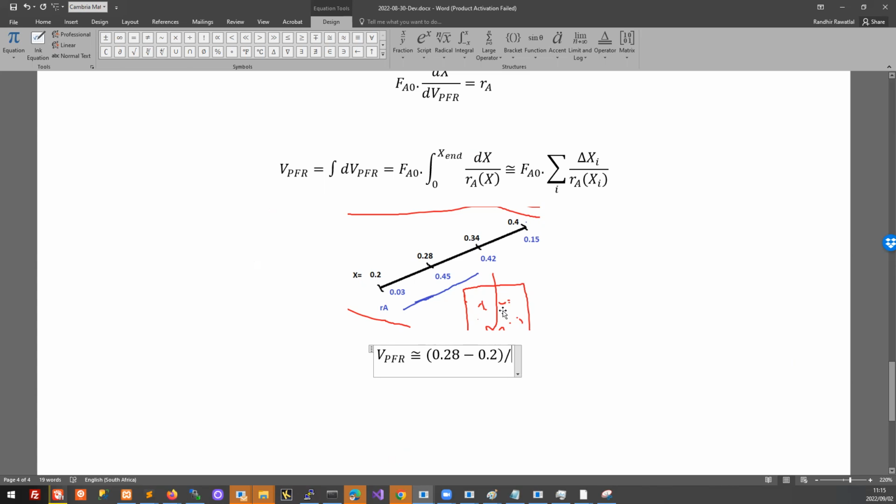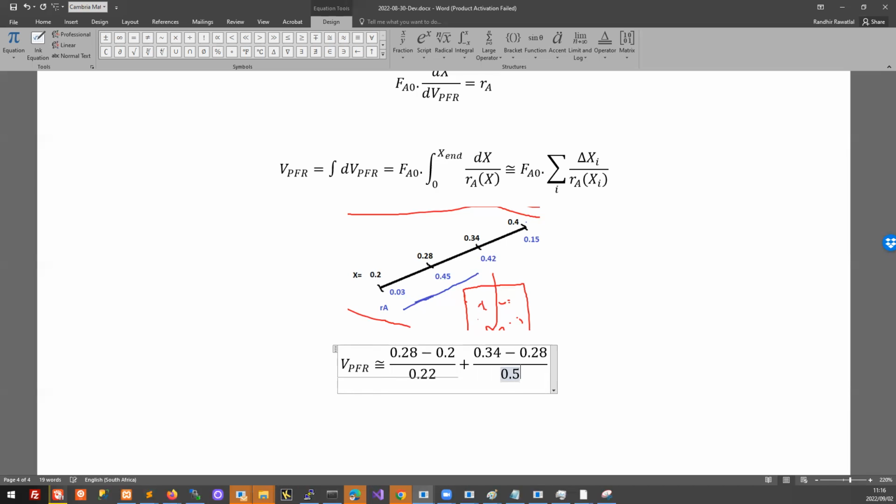So we should take the average between those 2 points. So I'm going to say here the average in this region is about 0.22. Okay, so that's one. And then the next one is 0.34 minus 0.28 divided by, and let's write out the averaging here more carefully.